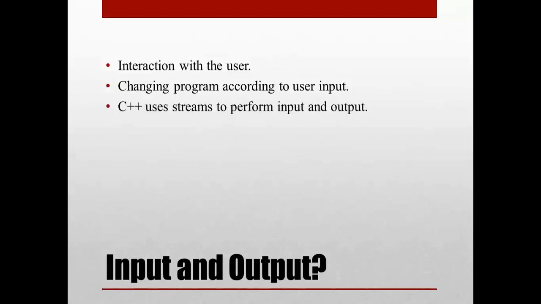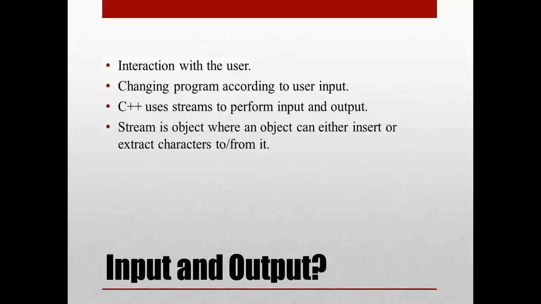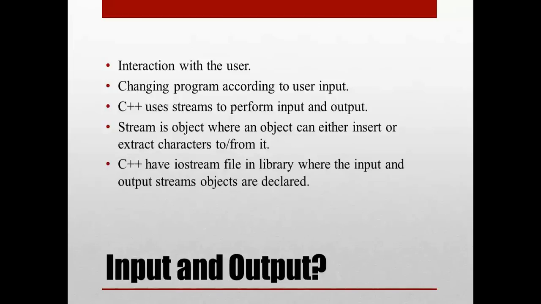C++ uses streams to perform input and output. A stream is an object where a program can either insert or extract characters from, or to it. In C++, we have already seen this, C++ has the iostream file in the library.